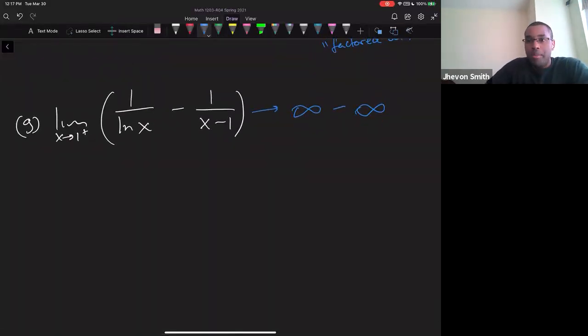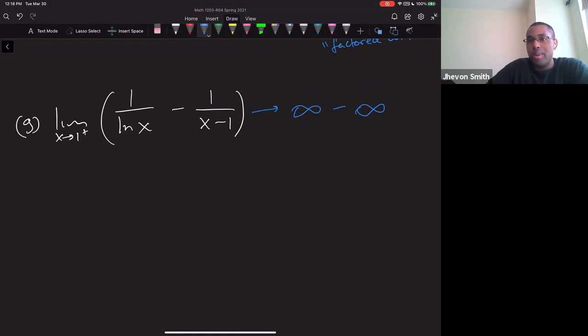However, this example will show us that this is truly an indeterminate form, because the answer is not negative infinity. It's not infinity either, and it's not zero. So all the guesses that someone would typically make don't make sense here.